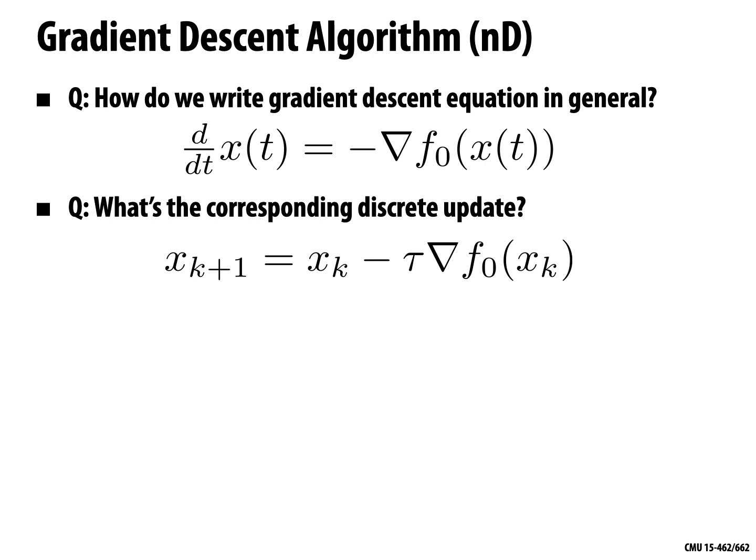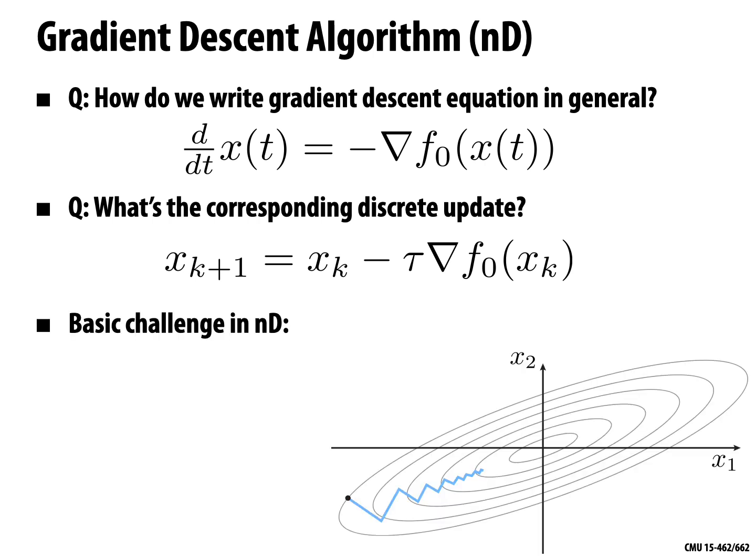Okay, but now we can start asking questions about efficiency. Not only will we get to a local minimum, but how quickly will we get to a local minimum? So a basic challenge as we start going up in dimension is that gradient descent can exhibit some really kind of dumb behavior.